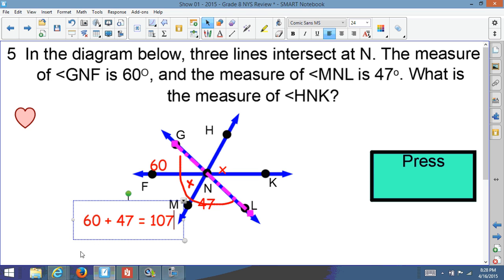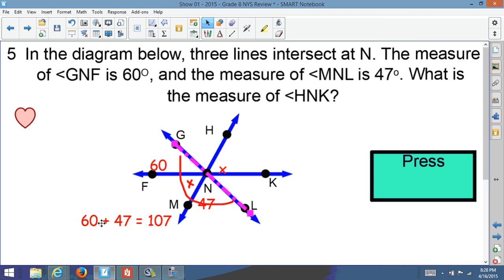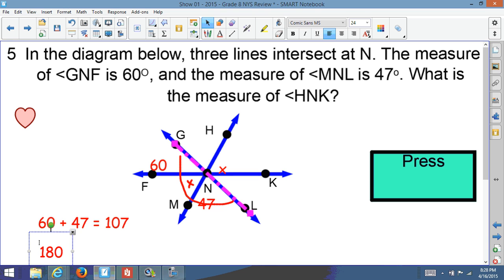Now all I need to do is find the missing part, because this has got to equal 180 because it's a straight angle. So 180 minus 107 will give me the remaining part of that angle, because they're all next to each other, or adjacent angles, and they're on the same line. So that means this one has got to be 73. So I'll put 73 right there.